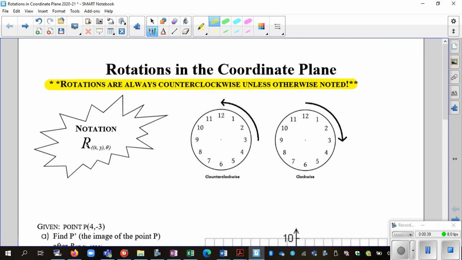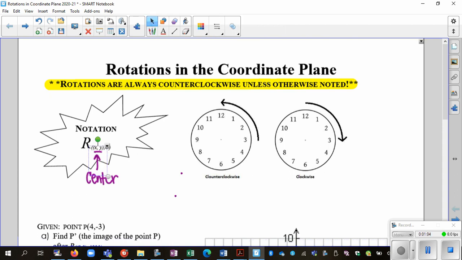So capital R for rotation. It's very important that you keep it as a capital R because lowercase r is for reflection. Then in the little subscript there, we have this coordinate, which is going to be the center of rotation. If you don't see a center listed there, that means it's the origin.